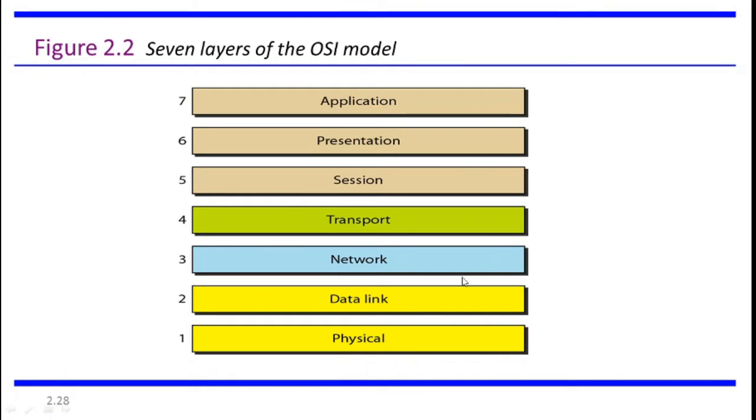So OSI model is a layered framework for the design of network systems that allow communication between all types of computer systems. It consists of 7 separate but related layers, each of which defines a part of the process.